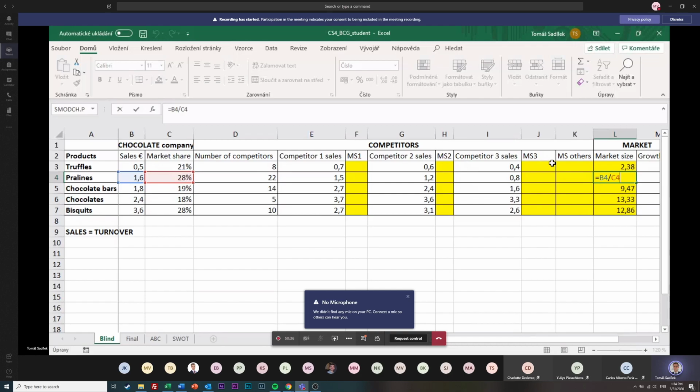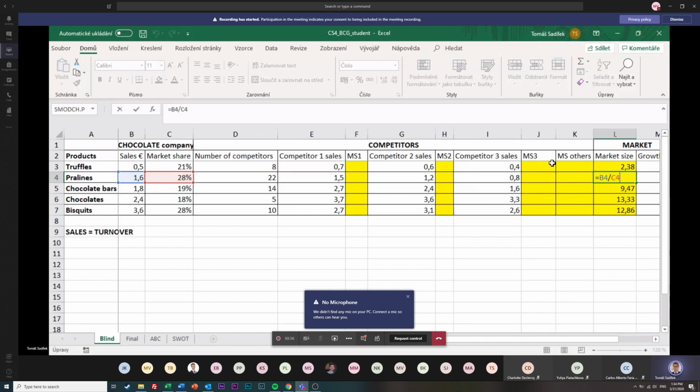This is not the unit price. This is the total turnover for the individual product in our company. It's not that, for instance, one piece of truffles costs 0.5 euro. Those are the sales in millions for each individual product in our company. So the sum of sales for truffles, pralines, chocolate bars, chocolates, and so on. I hope no more questions.